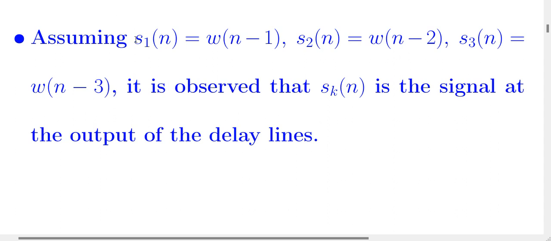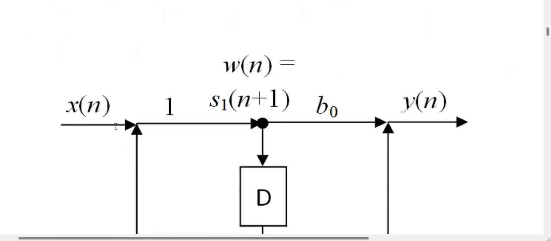Assuming state 1, S1[n], is equal to w[n-1], S2[n] is equal to w[n-2], and S3[n] is equal to w[n-3], it's observed that Sk[n] is the signal at the output of the delay lines. Okay?